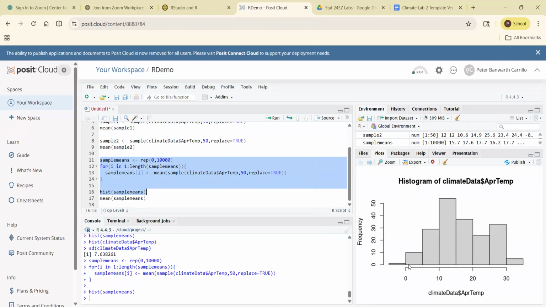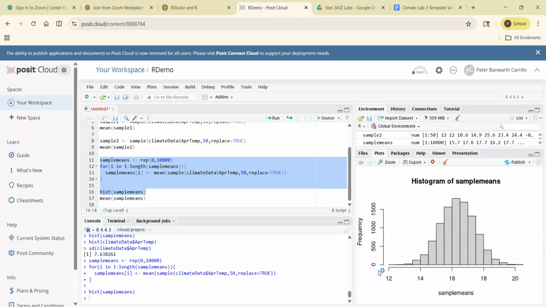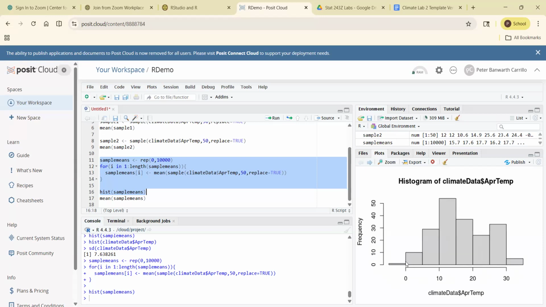You can have a city that's super cold. That makes sense. A city that's 0 degrees Celsius in April. But to have all of your cities be around 0 degrees, you would never expect that to happen. Because a random sample should take some that are 0, but also some that are 10, and also some that are 20, and also some that are close to 30.